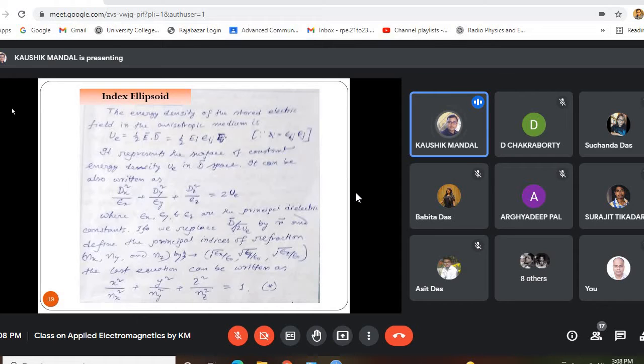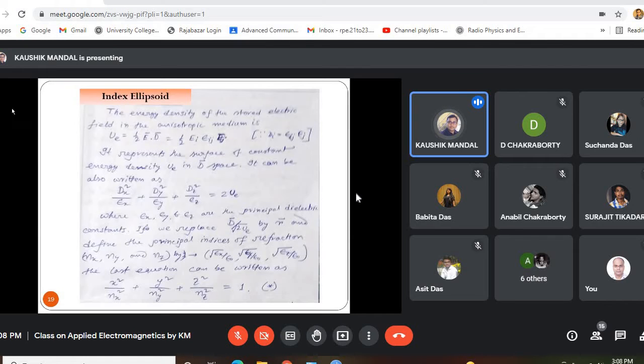Is it clear? It is mainly used to find the two indices of refraction. That is the main function.